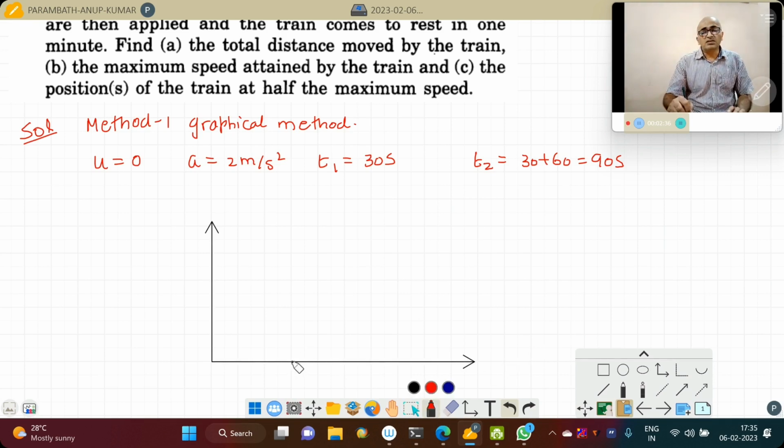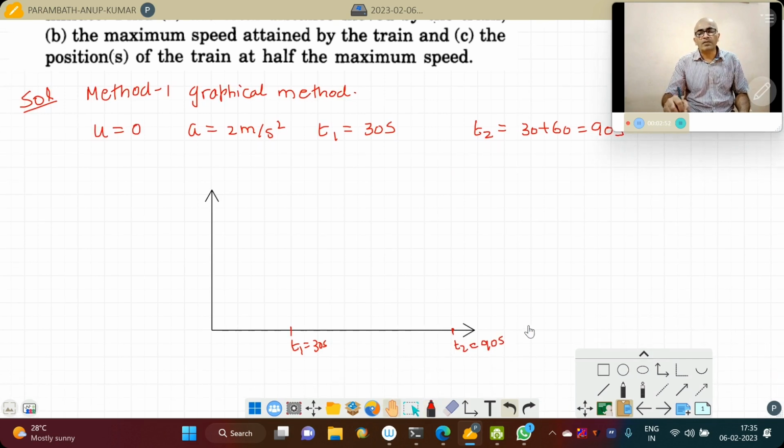Till time t1, equal to 30 seconds, you are accelerating, and after that you are decelerating till t2, equal to 90 seconds. The train is accelerating till here, and after that it is decelerating till here.